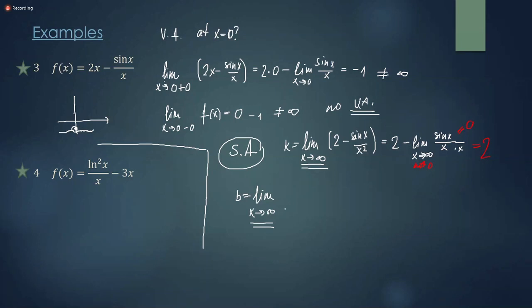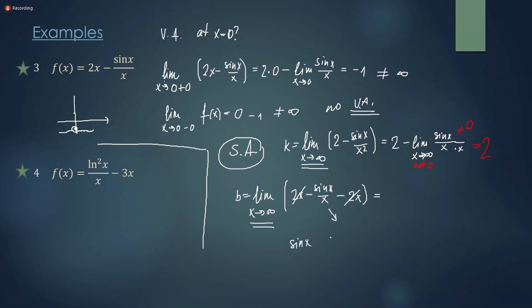So we see 2x minus sine x over x, that is f of x, minus kx. K is 2, so minus 2x. We see that these two disappear, and now we see that b is, in fact, when x tends to infinity, again the 0 limit, because sine x is bounded and x tends to infinity.